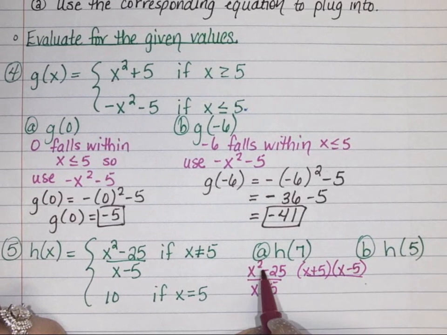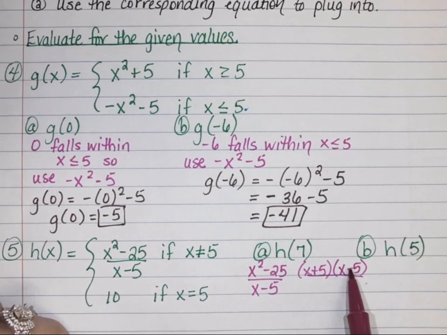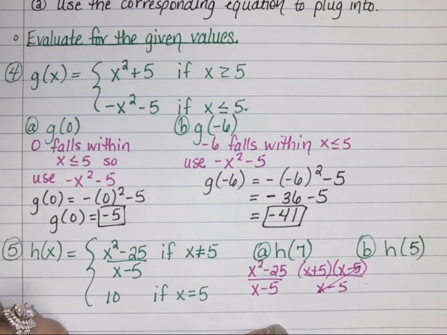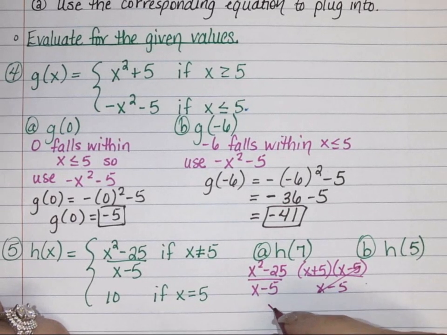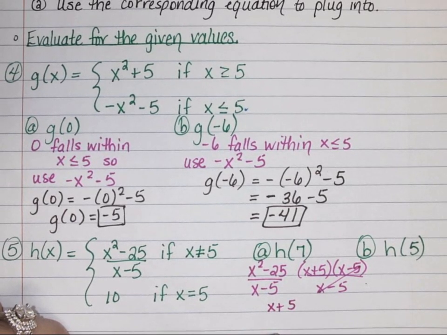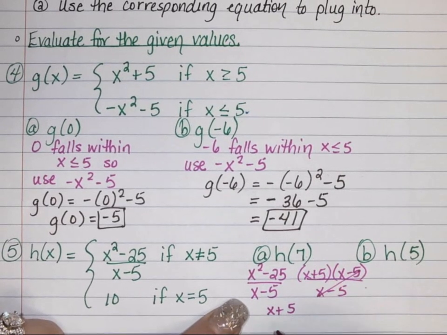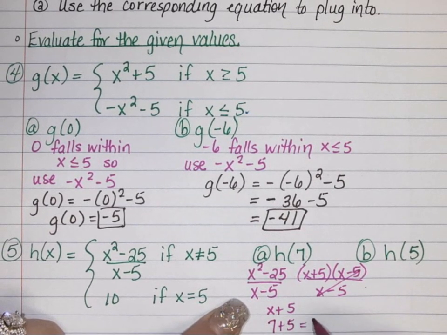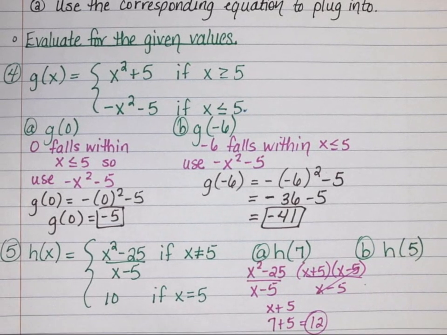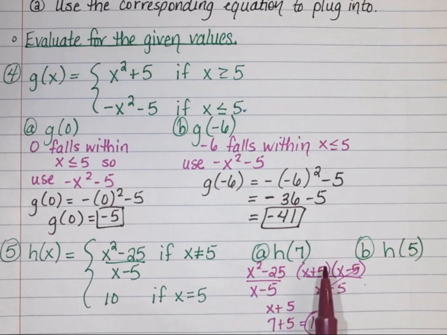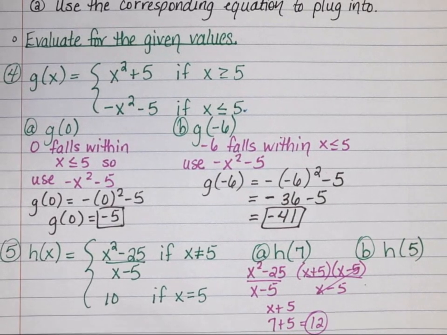So remember that the difference of 2 squares factors into x plus 5, x minus 5. And then look what happens. Those x minus 5s cancel off beautifully. So all you're left with is x plus 5. And now all I have to do is actually take 7 and just plug in here. So 7 plus 5, 12. But of course you can just plug in 7 squared, 7 minus 5 on the bottom, and you will get the same thing.